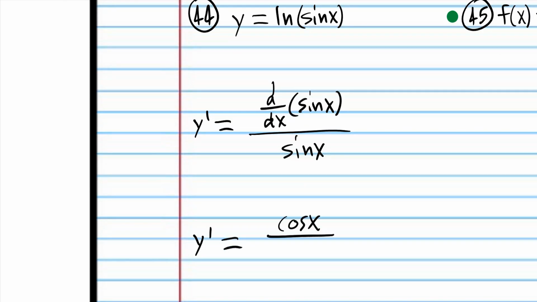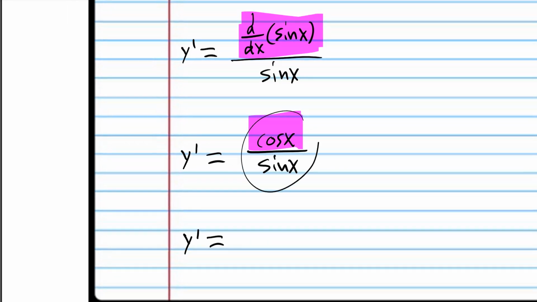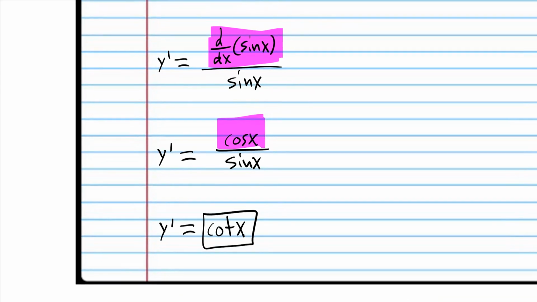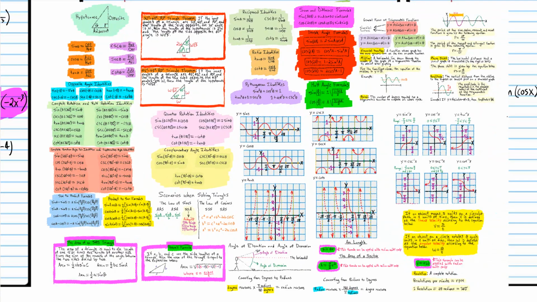Derivative of sine is cosine x. But at this point, we really need to use a trigonometric identity. Remember, this is one of the ratio identities. Cosine x over sine x is cotangent x. So again, you're going to be expected to remember those trigonometric identities.